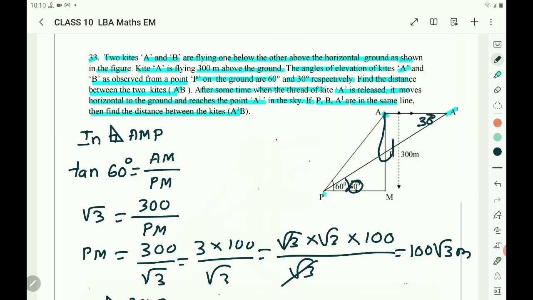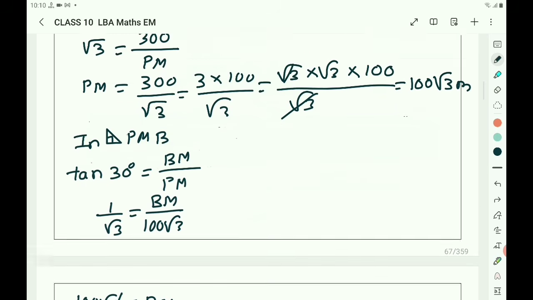By using the right angle triangle BAA dash, use the trigonometric ratio to find A dash B. Which trigonometric ratio you have to use? For this 30 degree, AB is the opposite side and A dash B is the hypotenuse. The trigonometric ratio with opposite side by hypotenuse is sin theta. So you take sin 30 is equals to AB by A dash B. Write the name of the triangle. In the right angle triangle ABA dash.